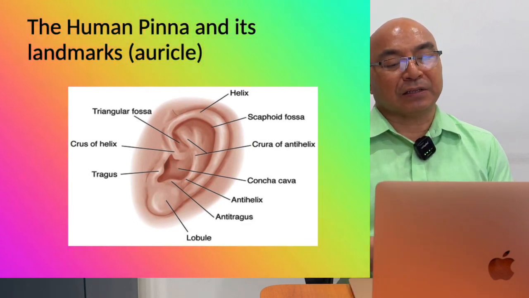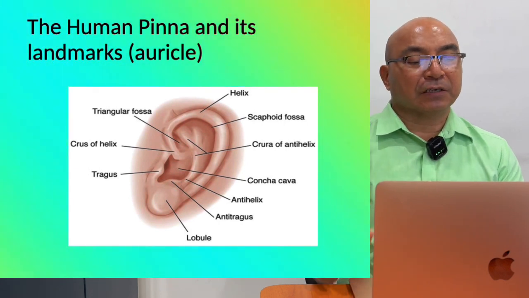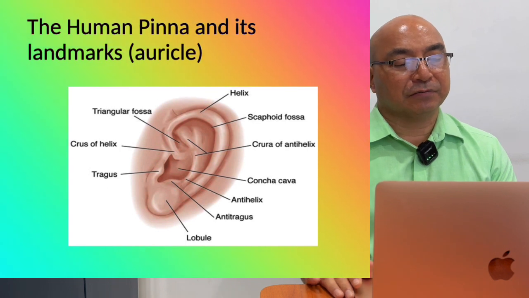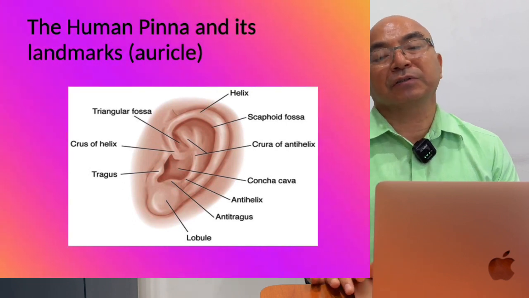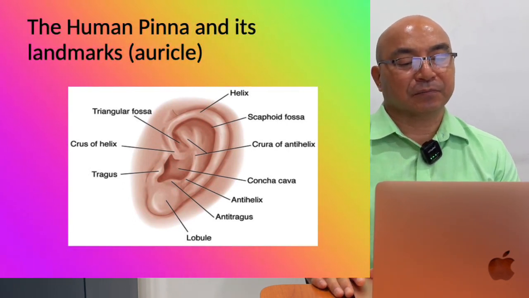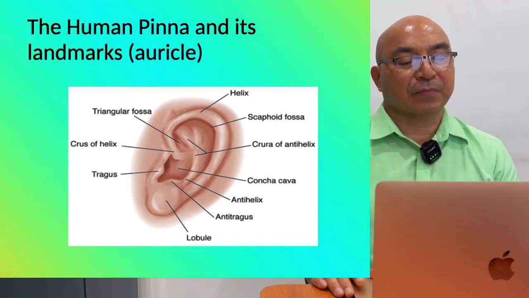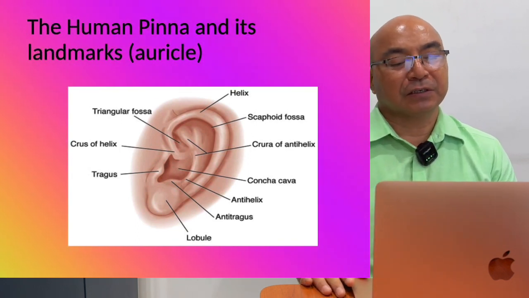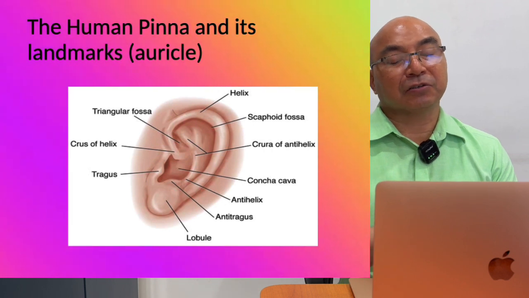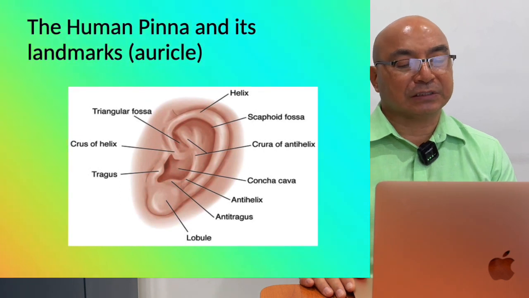So this is the pinna that you can see. Here we have different parts of the pinna. Starting from above, you have the helix, which is the outermost structure, and just below will be the scaphoid fossa. Then we have the crura of the antihelix. Just below the helix we can see the antihelix, and the two crura that you are seeing are called the crura of the antihelix.